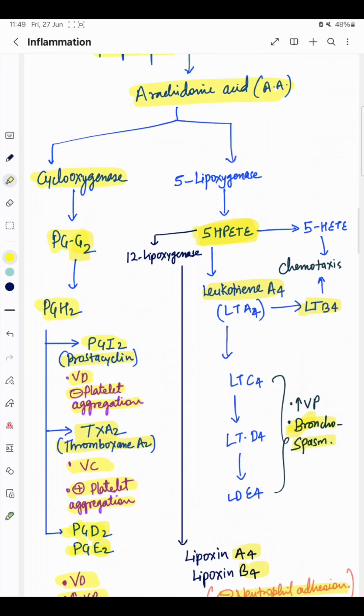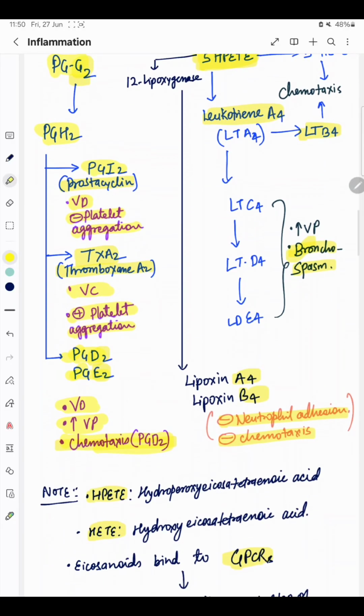On the other hand, arachidonic acid, by the action of 5-lipoxygenase, is converted into 5-hydroperoxy-icosatetraenoic acid. HPETE stands for hydroperoxy-icosatetraenoic acid, and HETE stands for hydroxy-icosatetraenoic acid.